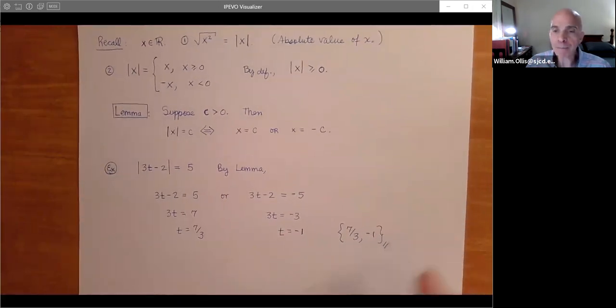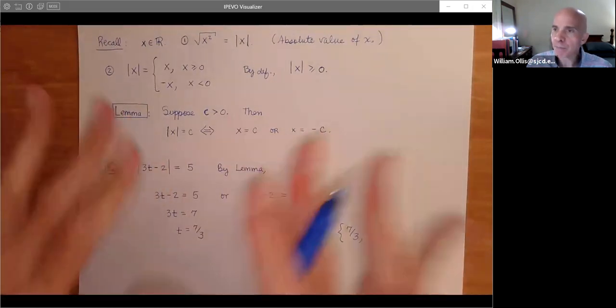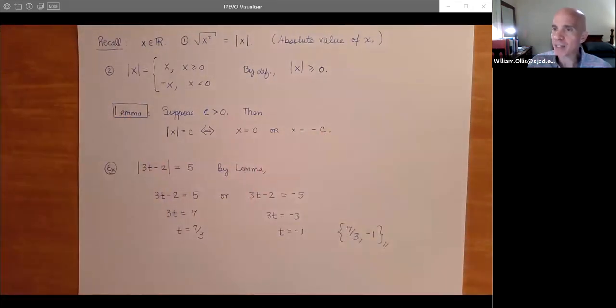So again, you might be thinking, do we get a lot of occurrences of the absolute value equality? Not as much. What we're going to end up seeing more in calculus is the conjunction, which we're going to talk about soon, which will extend this lemma to two more pieces, the conjunction and the disjunction. But I didn't want you to run into this and say, well, what's this absolute value mean?